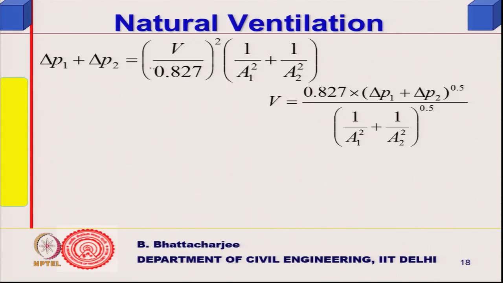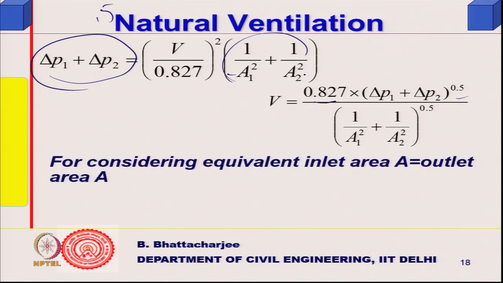For delta P1, I just take the square root of everything. So, this is to the power 0.5, and then 0.827 goes there, divided by this whole thing to the power 0.5, because this one is to the power 0.5, right. So, it is equivalent, considering the inlet area; it is basically given as an equivalent area.